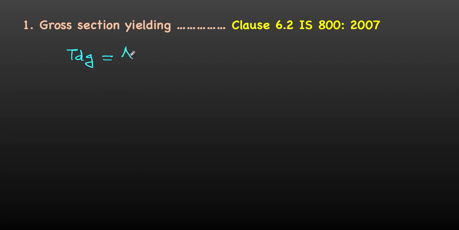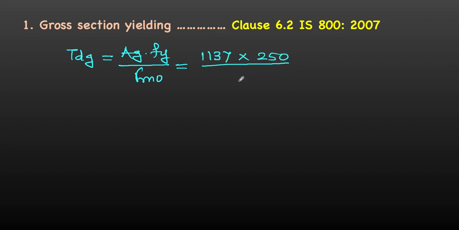It is equal to Ag into Fy by gamma M0. We have already identified this value from steel table or IS handbook number 1. This Ag is equal to 1137 mm square into Fy for Fe 410 grade, it is 250 Newton per mm square, and from table number 5, gamma M0 is equal to 1.1.